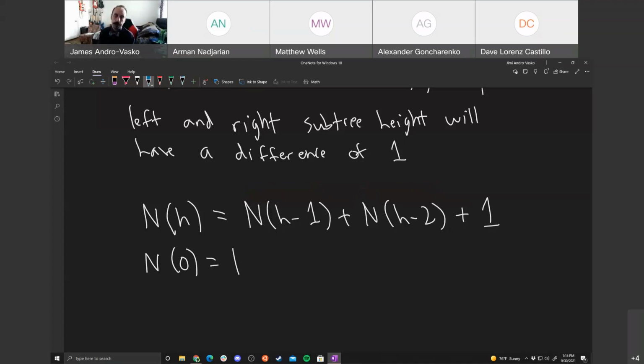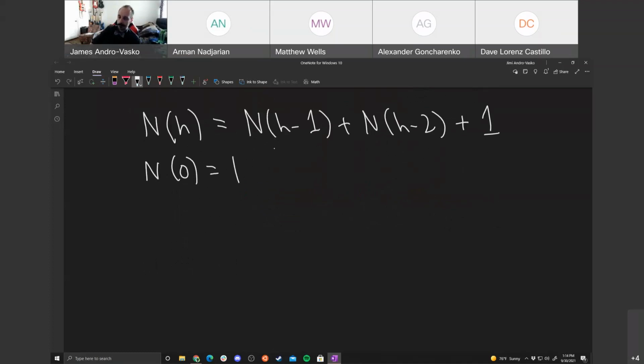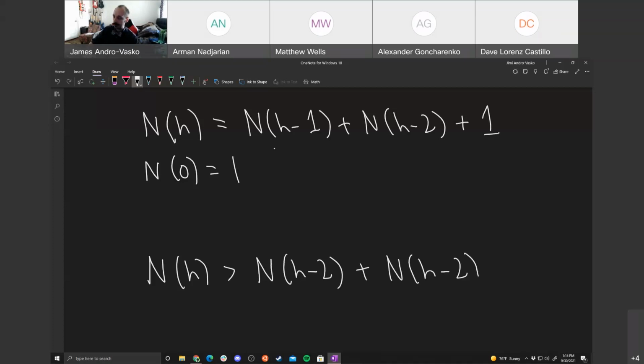To solve this, I'm going to do a little bit of messing around with this example. I'm going to substitute n of h minus 1 with n of h minus 2. This will not be exactly the same, but roughly approximate, similar-ish.